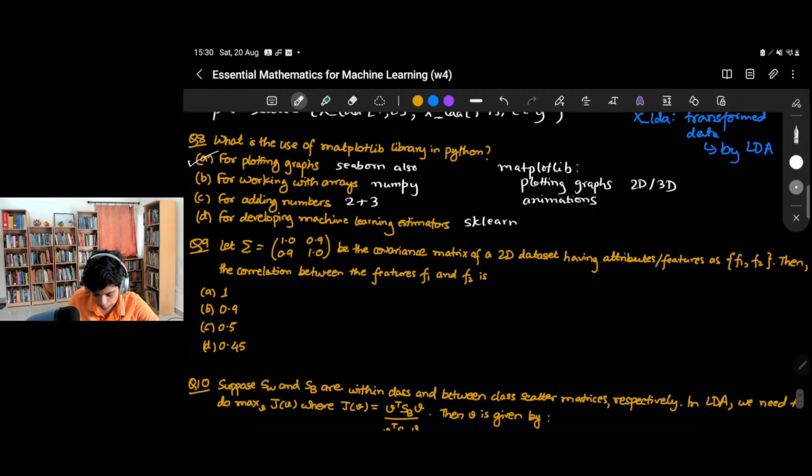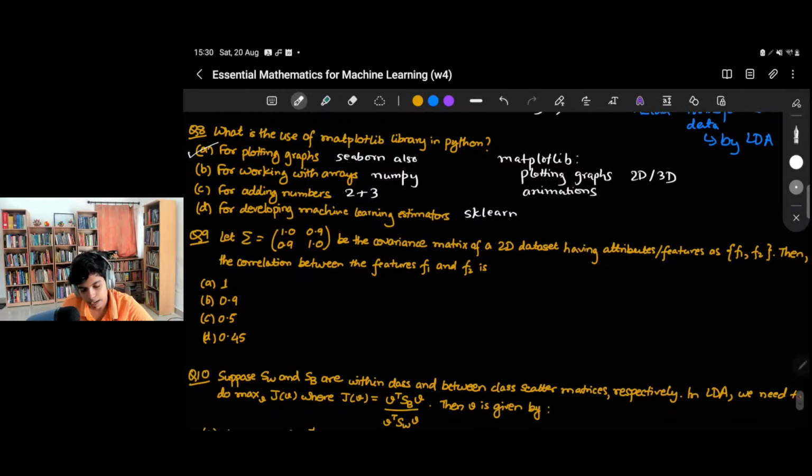Then the next question that we have is that we are given a covariance matrix of a 2D data set having features f1 and f2. Then the correlation between the features f1 and f2 is what we need to find out. So let us solve it.